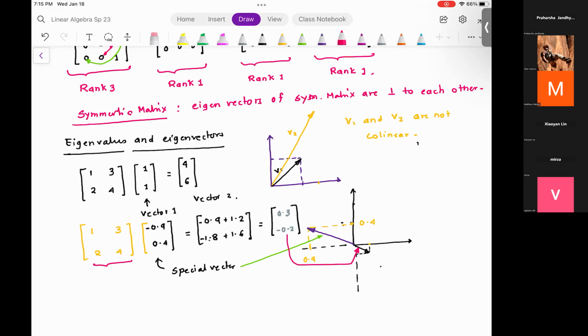So if you look at this eigenvector, the scaling factor between the original vector and the modified vector is nothing but the eigenvalue. And we will discuss this in a little bit more detail when we talk about eigenvalues and eigenvectors and its application in the next class.